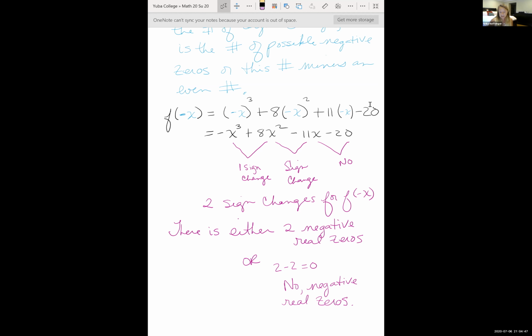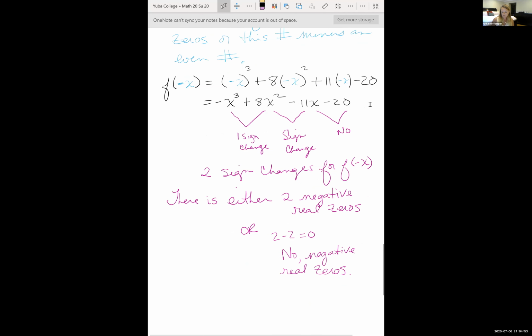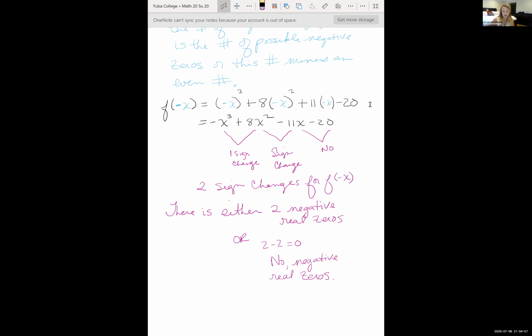If I didn't find a real zero, then the other two would have to be complex. And that's what the next section talks about: doing what we're doing right now, but taking it a step further and finding the complex zeros of our polynomial.